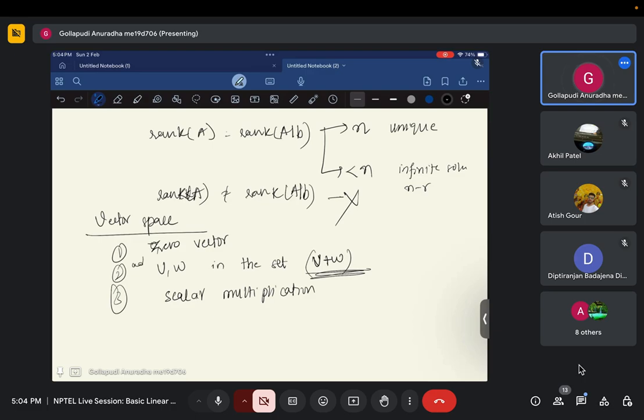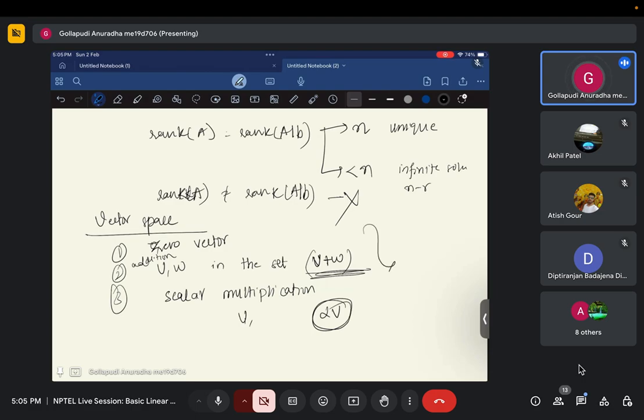This is addition. So if u and v are vectors in the set which satisfy the conditions imposed by the constraints, then even u plus v should satisfy the constraint.